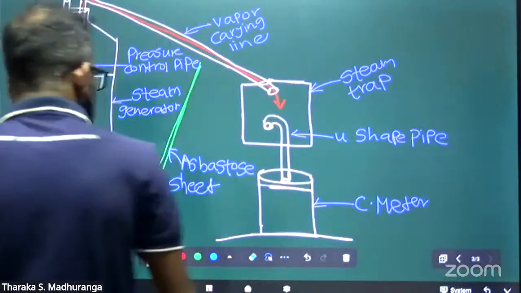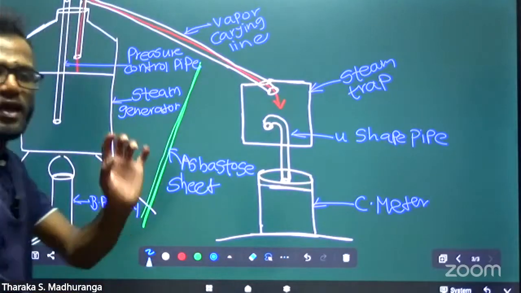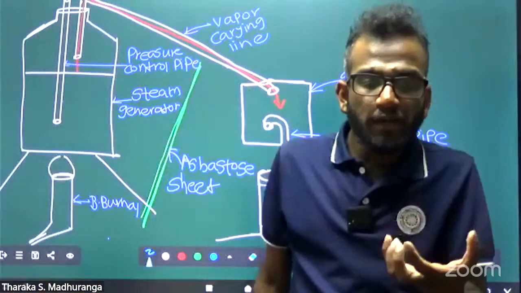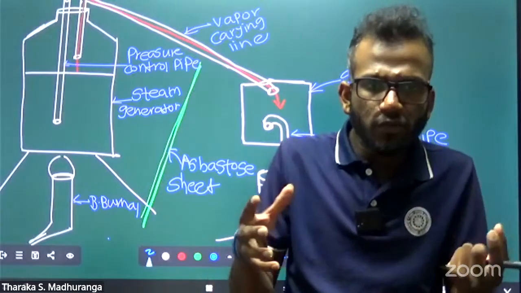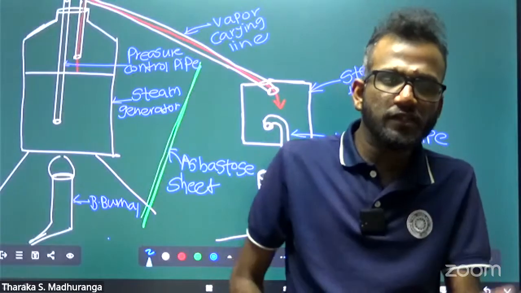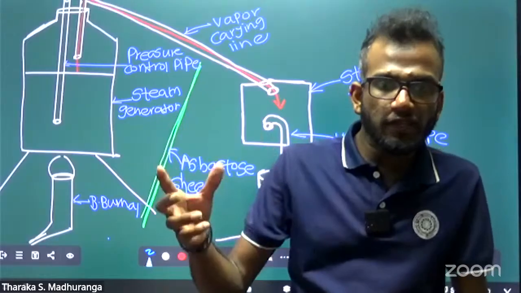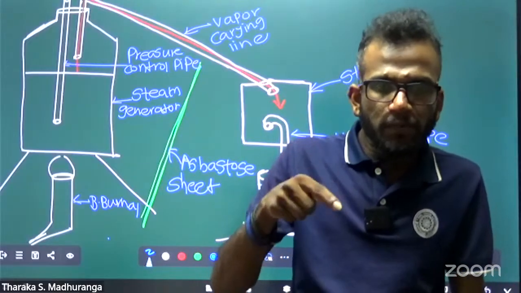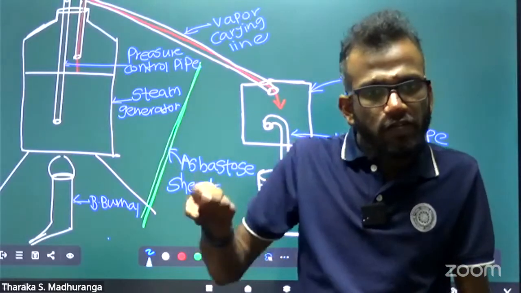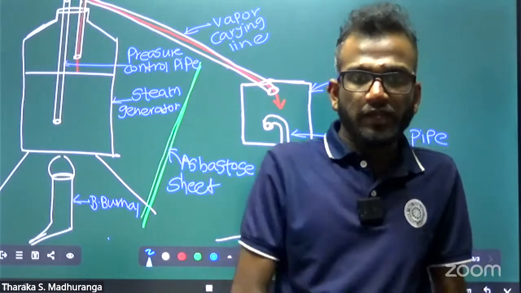In the steam trap, if there is any condensation, I think you know the condenser. Inside the condenser, what is happening? The condensation. Water vapor converts into liquid.